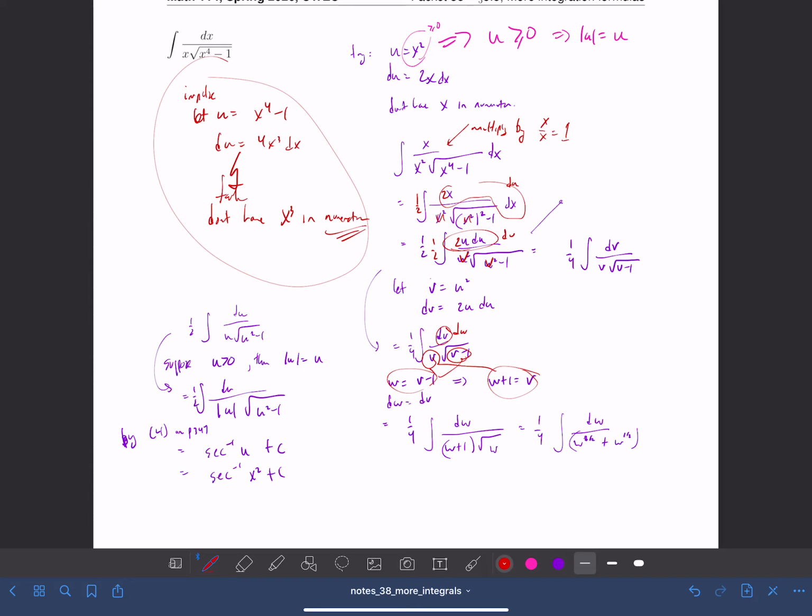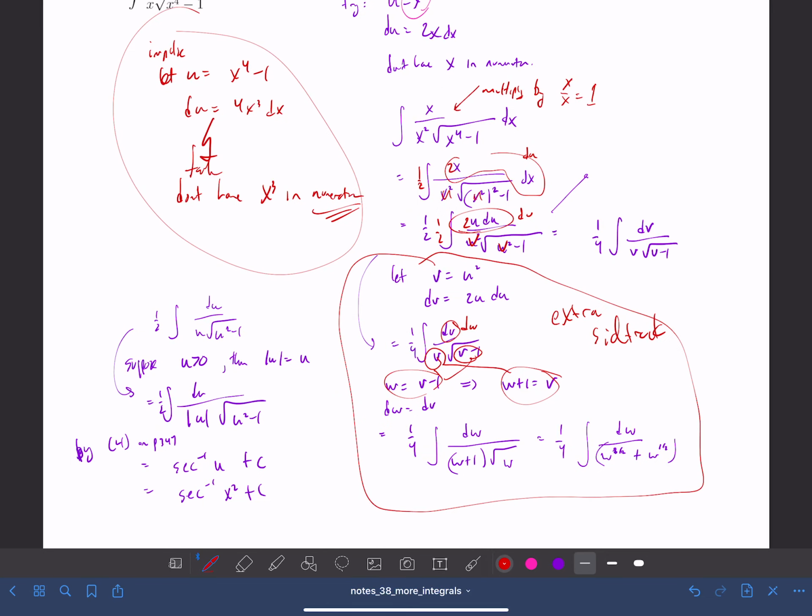So all of this down here, this stuff right here, that was just extra sidetrack. I think it was valuable sidetrack because you got to see me think on my feet. Hopefully that introduced you to some other things that one might do to try to manipulate these. Ultimately, it was like asking, is there another thing that I'm missing?